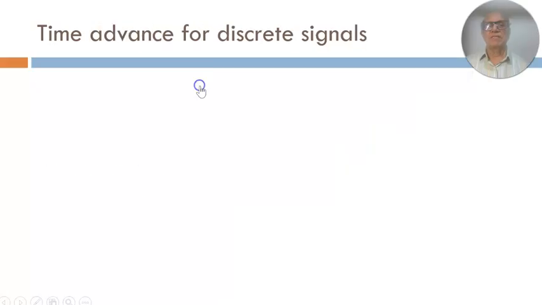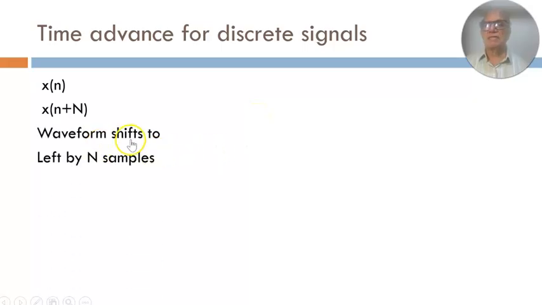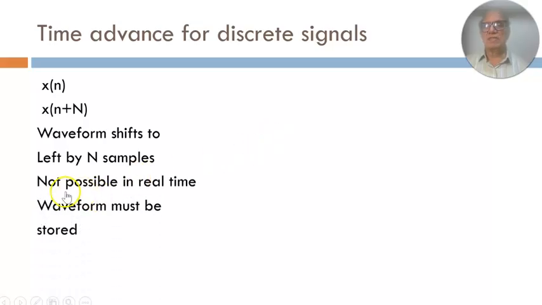Okay, before writing the program for this, let us discuss the time advance for discrete signals. Here the notation is x[n+N]. Remember, for delay, we had written x[n-N]. In this case, it is n+N. So the waveform simply shifts to the left by N samples. Note that as in the case of continuous time, this is not possible to execute in real time.